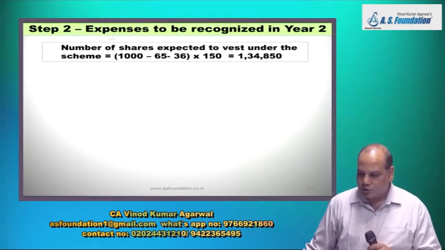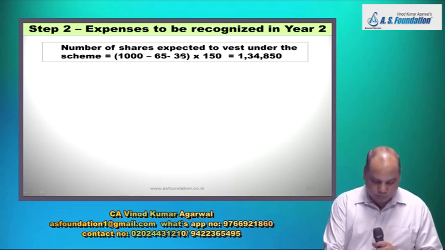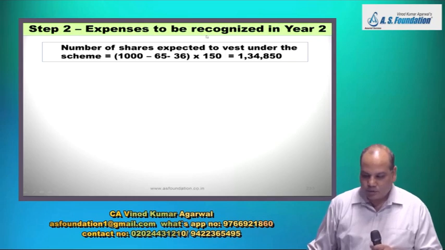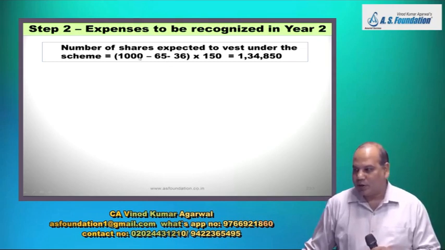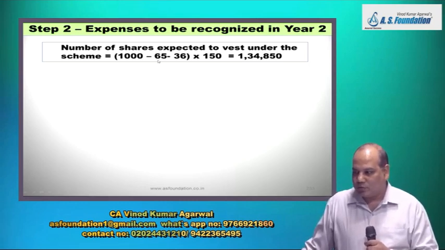Now write down year 2. Step 2, expense to be recognized in year 2. My original calculation will continue. Point A, number of shares expected to vest.